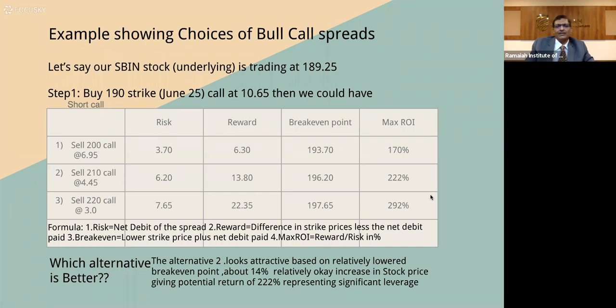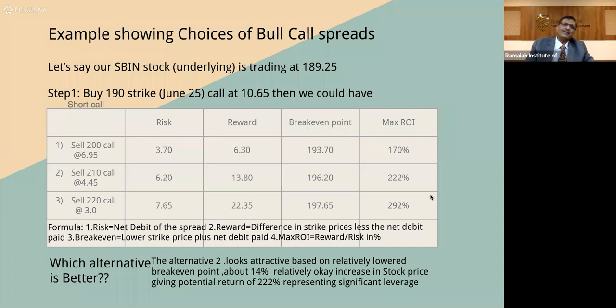And I feel that with alternative 1, I'm only getting a 170% ROI, which is hardly an increase of 7%. I thought SBI is doing very well. I thought 14%, more than 10%, seems to be the correct range. For that, I'm getting 222% return on investment, which is about 50% more than 170%.